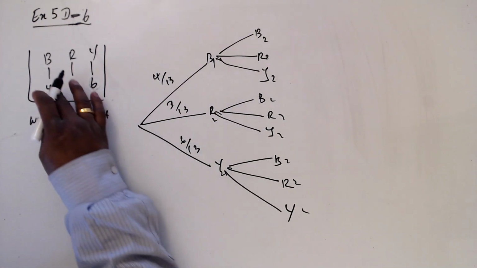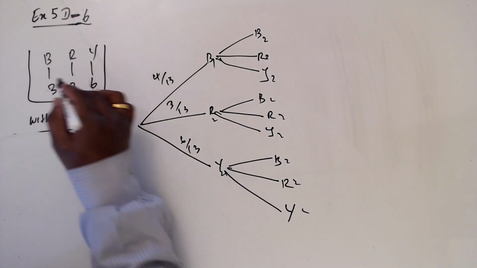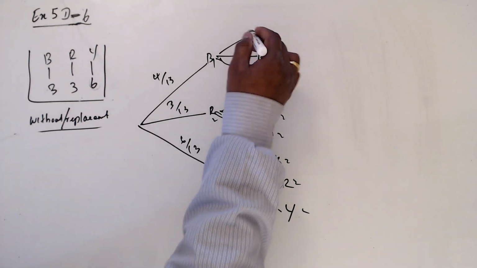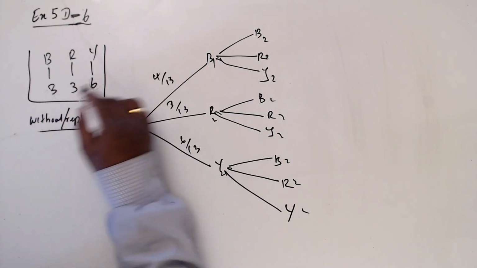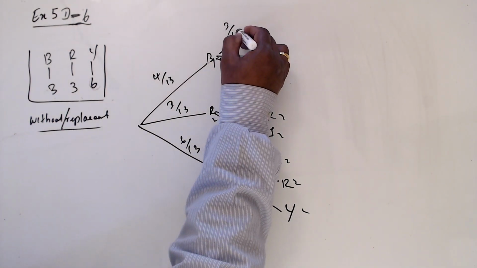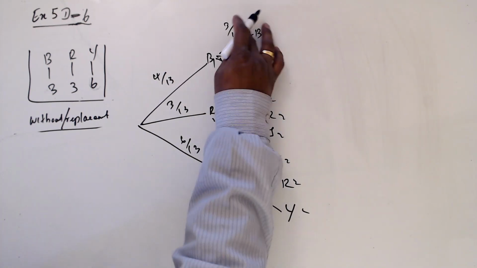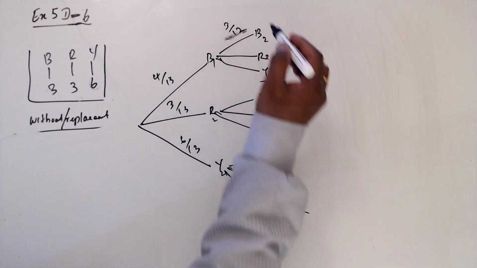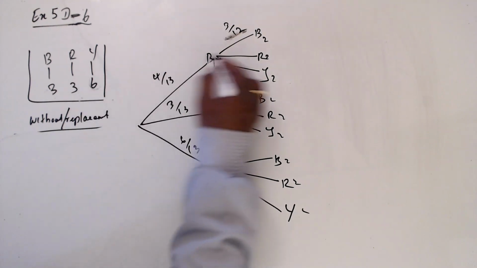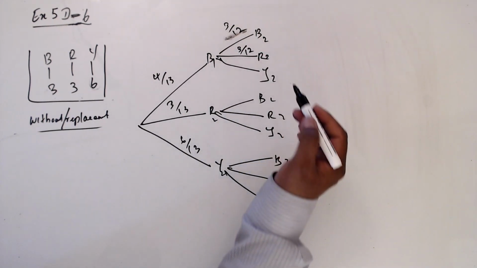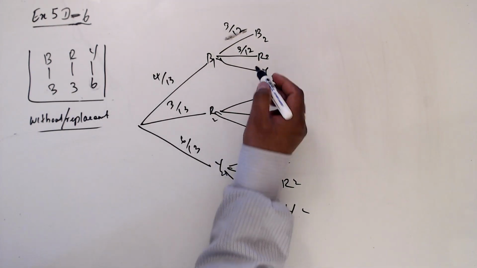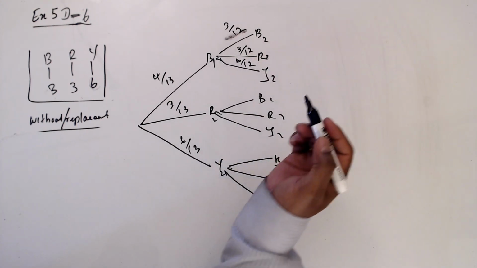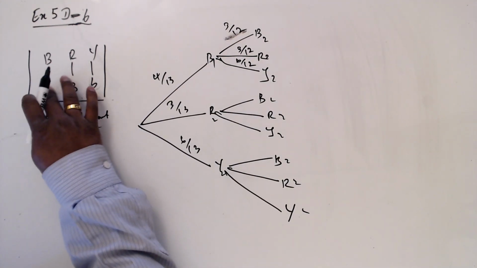Then there are three blues, and so this is the setup. Now blue 3 out of 12, red 3 out of 12, and yellow 6 out of 12. Go back to the first one.